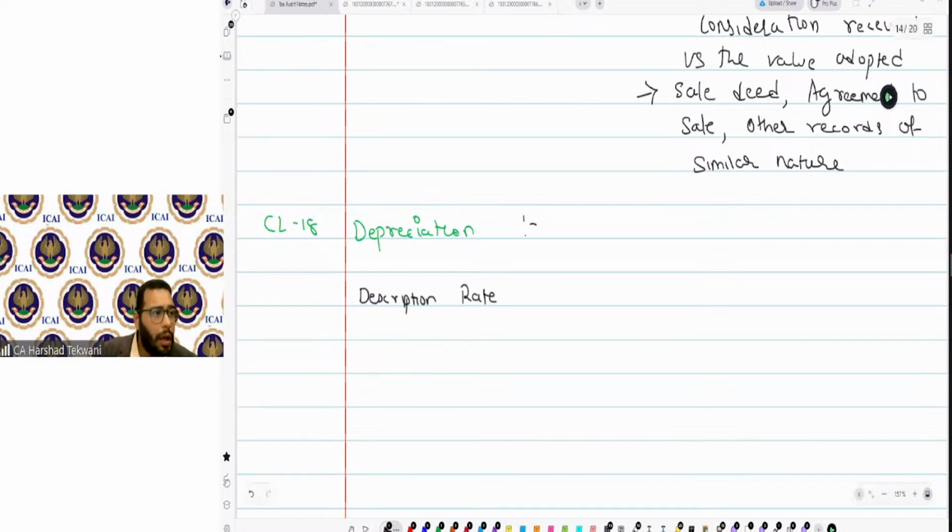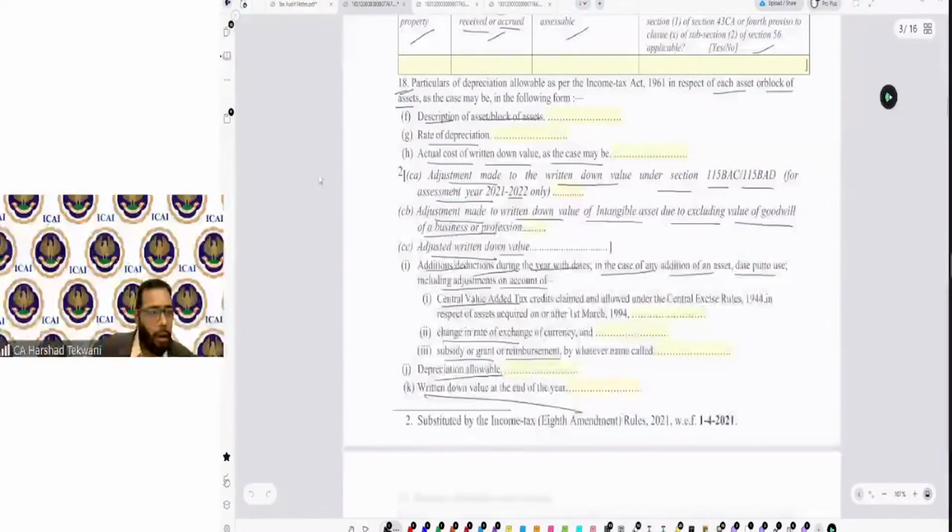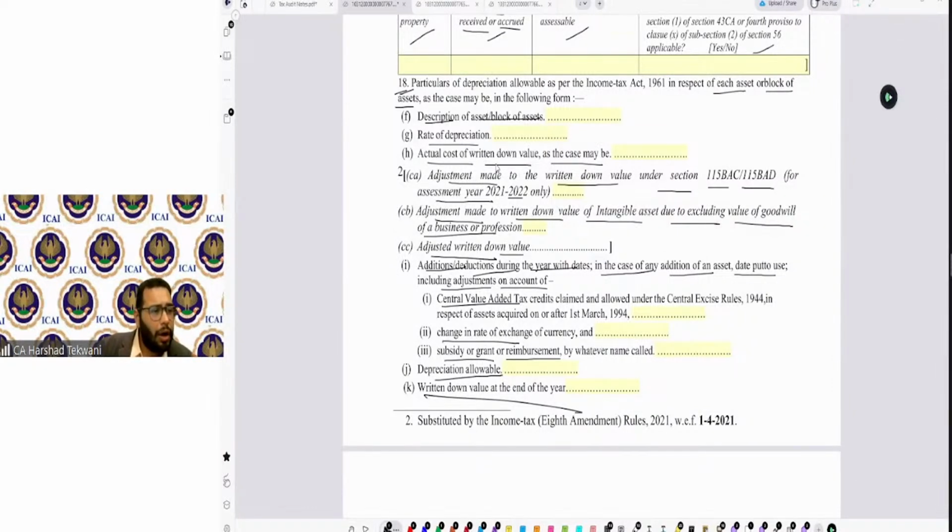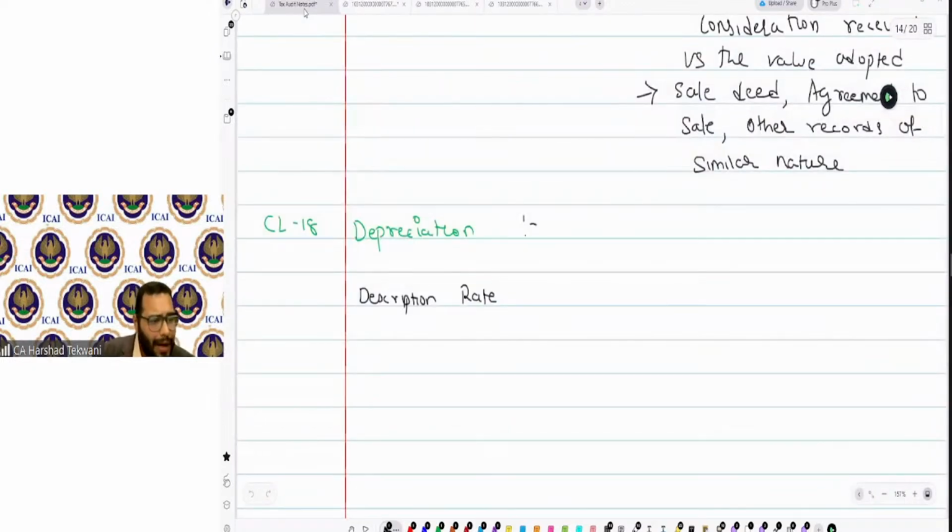You provide the actual cost or written down value, as the case may be. So whatever is applicable, you need to provide that.